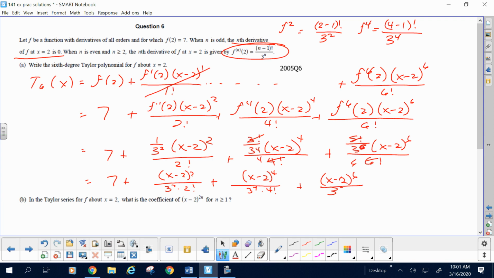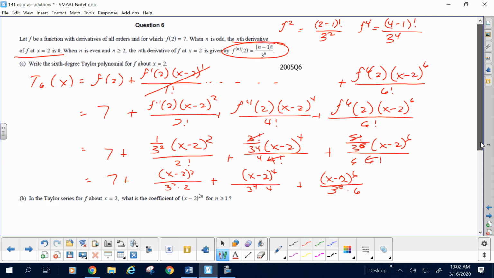Sorry, 3 to the sixth. That's what I get for trying to do stuff without showing work. Over, these aren't factorials. Golly, I'm sorry. 3 squared times 2. 3 to the fourth times 4. 3 to the sixth times 6. So that's my 6th degree simplified.